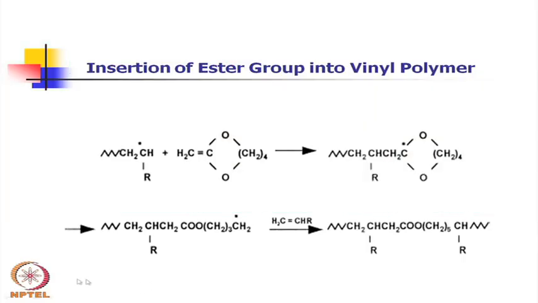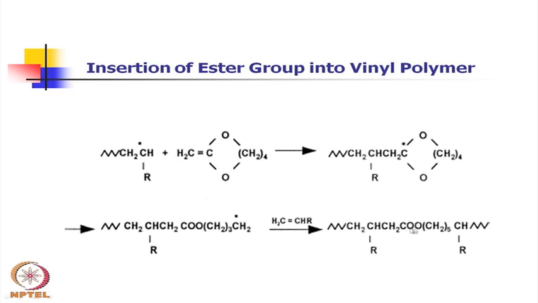Here is a reaction scheme which is basically the insertion of an ester group into a vinyl polymer like this. Here you see some ester group has been inserted in a vinyl polymer, which, being hydrocarbon in nature, has only a carbon-carbon backbone chain. Now that has been converted to a carbon chain with an oxygen atom and a ketonic group, the ester group, on the backbone chain.